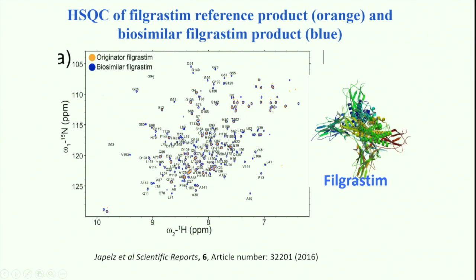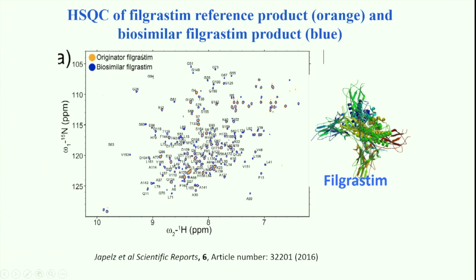Now if your molecule is bigger, many times you have to label the protein. Typically in biosimilarity that is not preferred, but if you want, you can go for a natural abundance HSQC experiment, right? At natural abundance, you see the N15 is 0.037% populated. So you can record a longer experiment on, say, filgrastim, one of the drugs used for cancer.